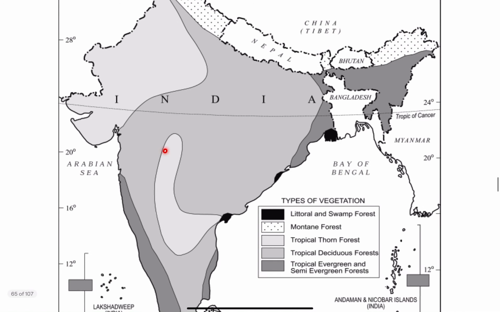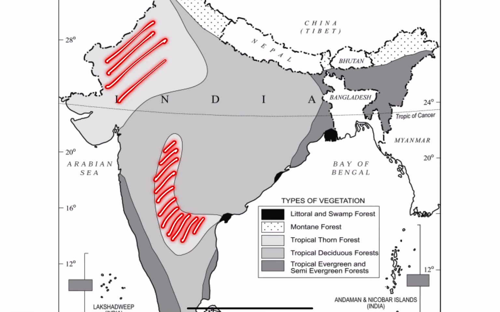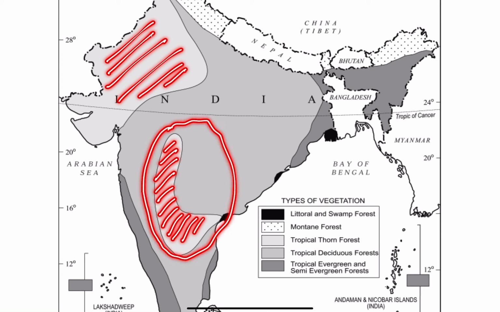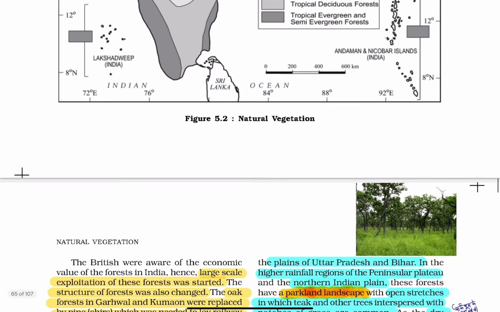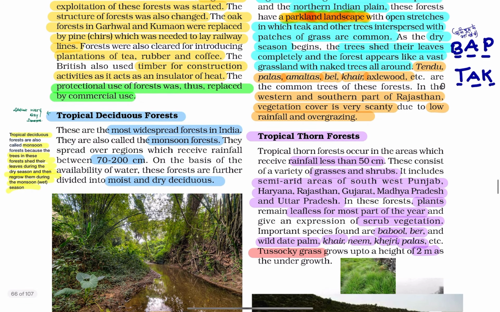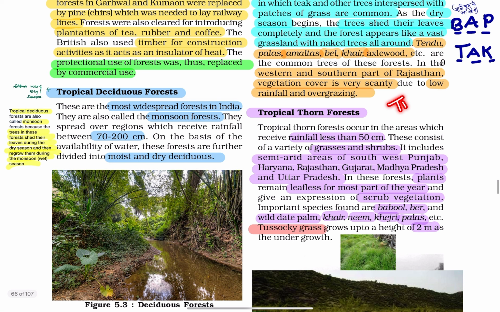So this part forms the tropical thorn forest, and here I think Rajasthan, Gujarat, we are already clear about it, but in the peninsular part also we need to understand that this portion forms the tropical thorn forest. Now, when we are talking about the thorn forest, it should be clear that the rainfall is less, because as we discussed, in the tropical evergreen forest the rainfall was more than 200 centimeters.